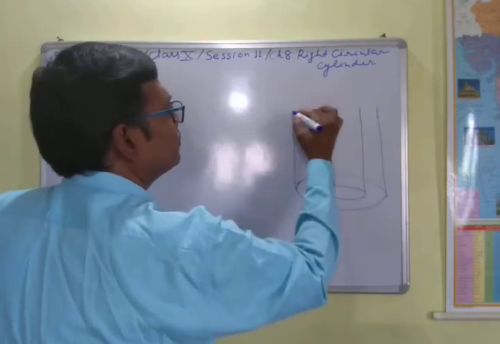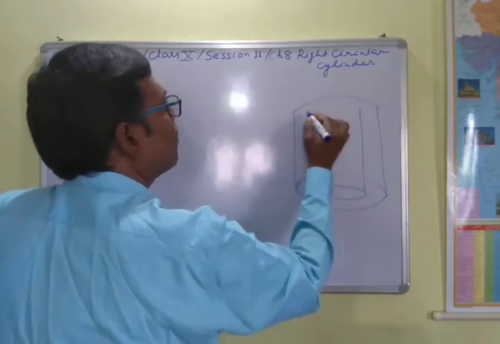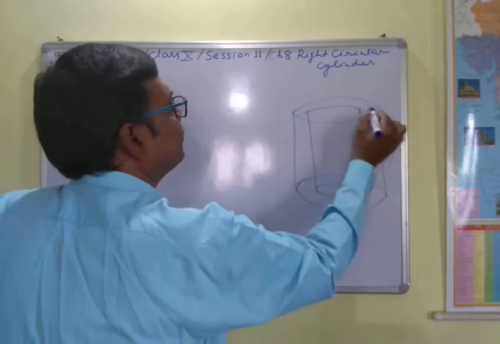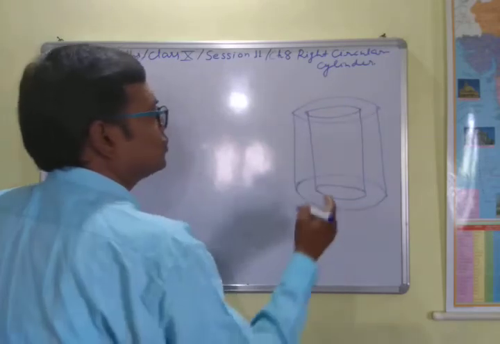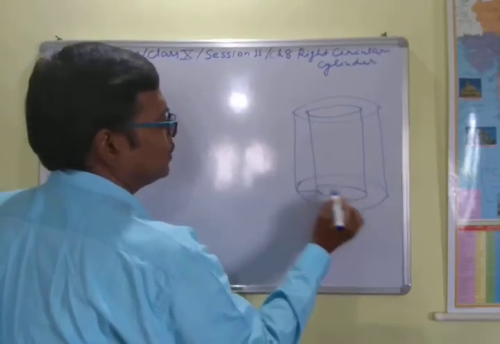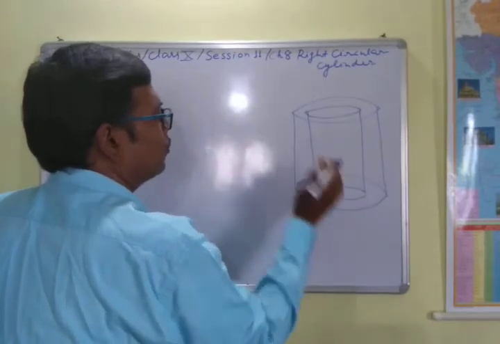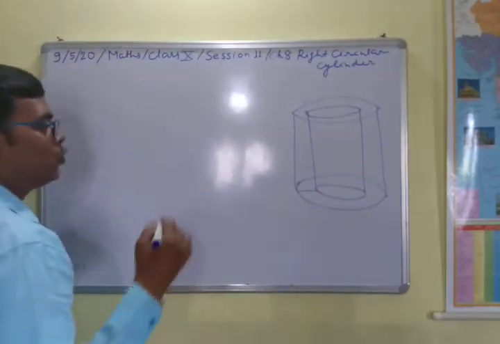Like this. So this is the thickness here, and this is the inner part and outer part. In this case you have two radii.